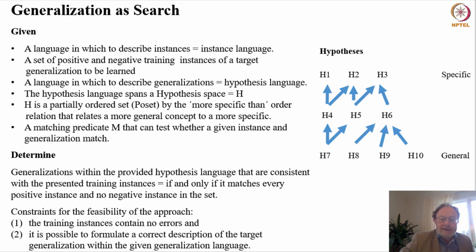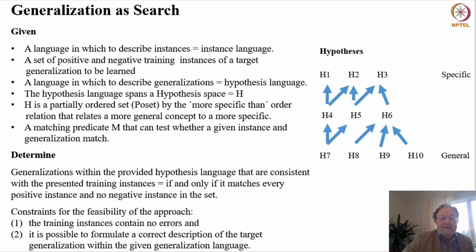This approach is dependent on two constraints. First of all, it's assumed that the training instances contain no errors, and it's also constrained by the fact that it is necessary that the target generalization can be described in the hypothesis language we have designed.